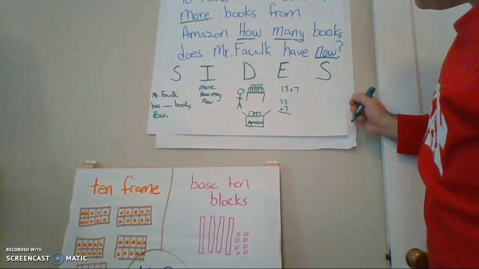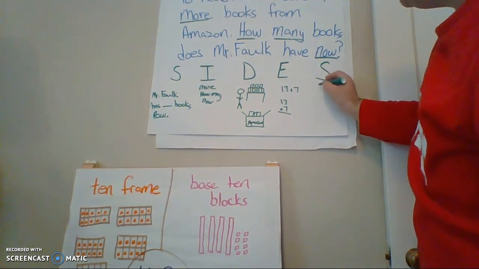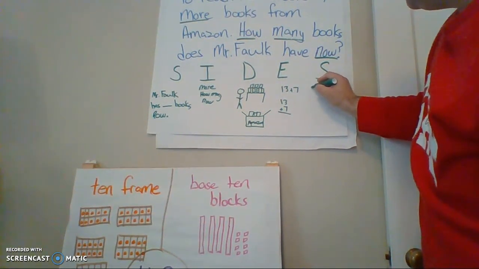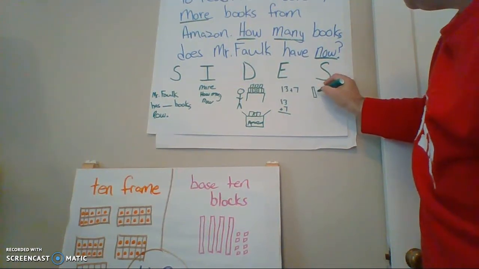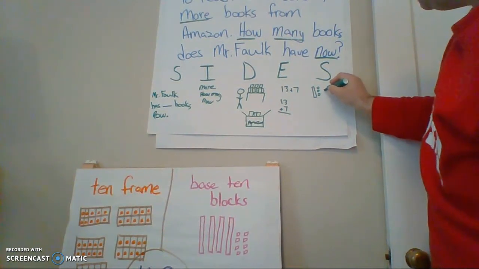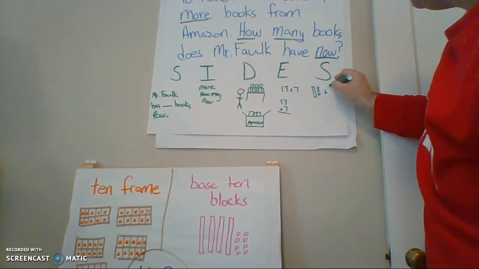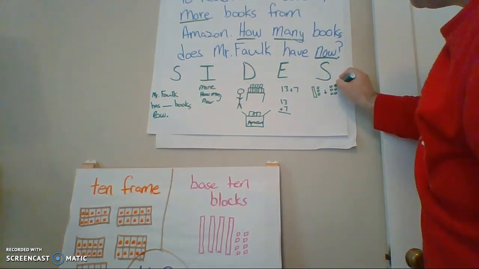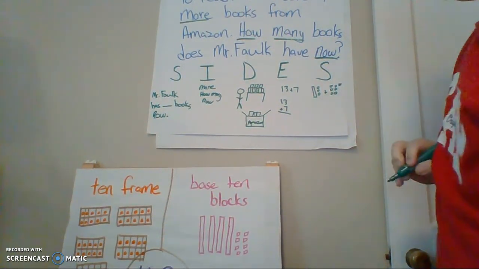So if I went to go solve this, I could show base 10 blocks. I could show 13. 1, 2, 3. And then I'm going to add 7. Okay, there's one way.